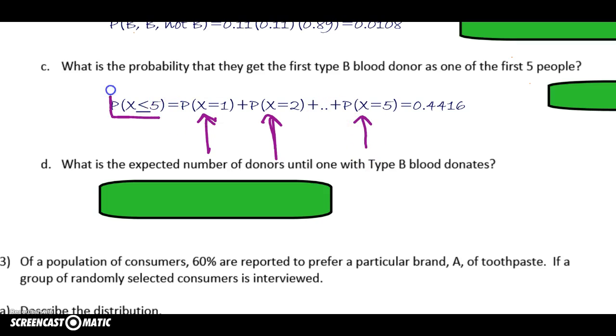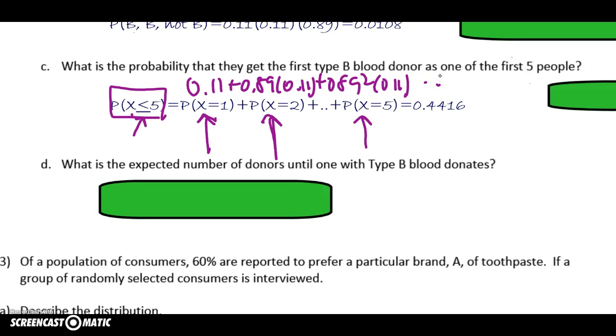In other words, another way to say that is the probability that the first donor will be less than or equal to 5, happening on one of those first 5 people. So we're going to go ahead and calculate all those probabilities. This one would be your 0.11. This would be your 0.89 times 0.11. This would be your 0.89 squared times 0.11, and so on.